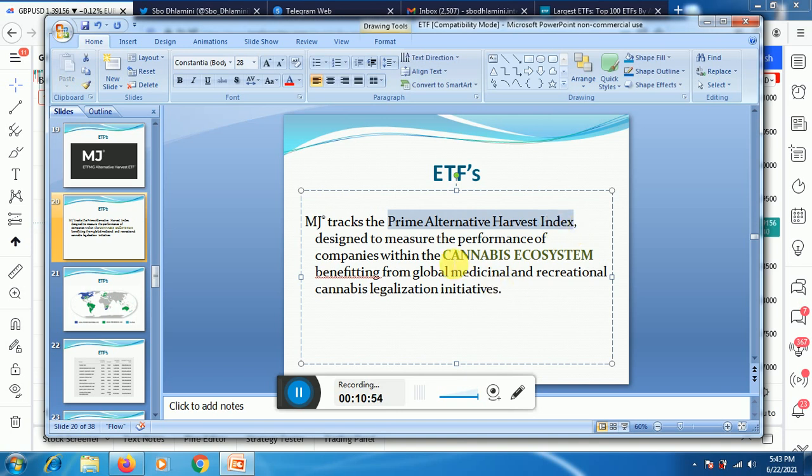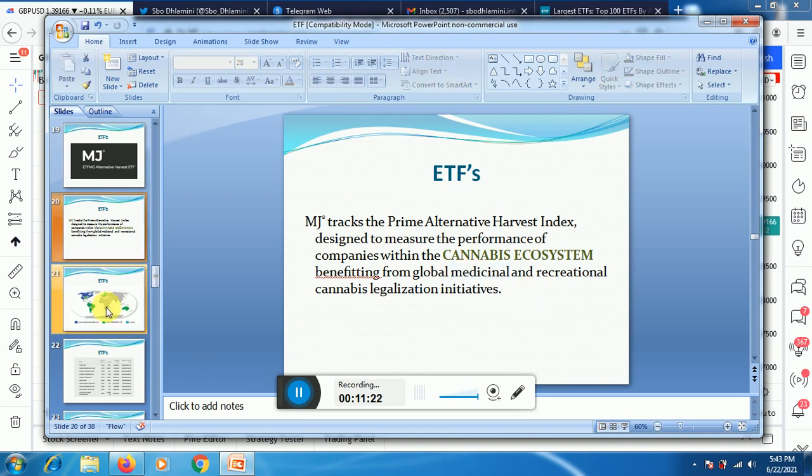The Prime Alternative Index itself is designed to measure the performance of companies within the cannabis ecosystem, né? Those cannabis companies are the ones regulated by governments around the world, able to do research for medical use or recreational use using cannabis as well.